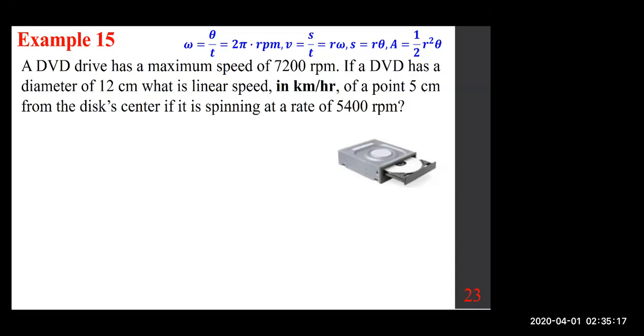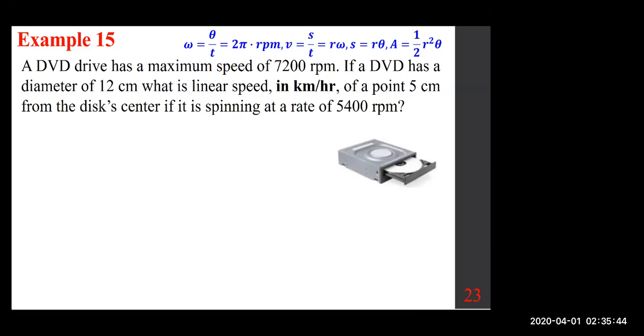So what we have here is 5,400. The one that we are interested in is a point 5 centimeters from the disk center. The 7,200 is the maximum rate. And that's fine and dandy, but that's not what we are going to use.